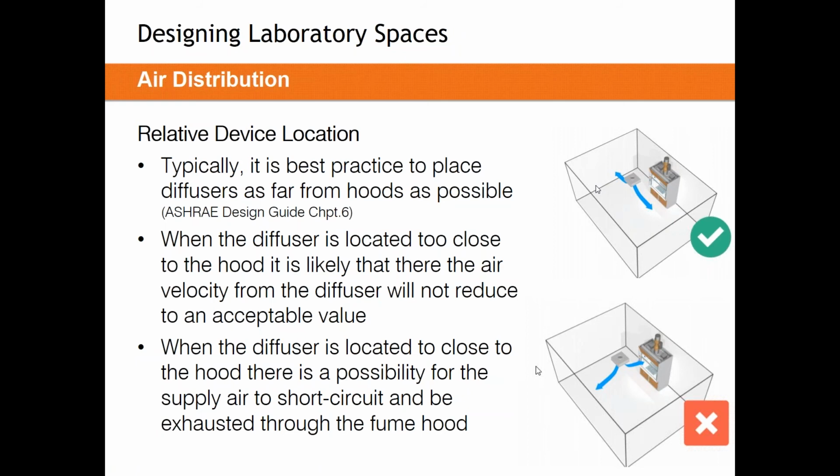When we teach technicians to start up and commission and balance these systems, we do tell them, if you're working on a fume hood and you're really struggling to balance it and you can't figure out why, look up. Look at the diffusers, and if they're aimed directly at the fume hood, well, that diffuser may have to move. It will cause that fume hood to basically not work and not contain all that effluent. So again, it's easy and a no-brainer right now, but it is something to review in the actual installed and built environment. It can happen.